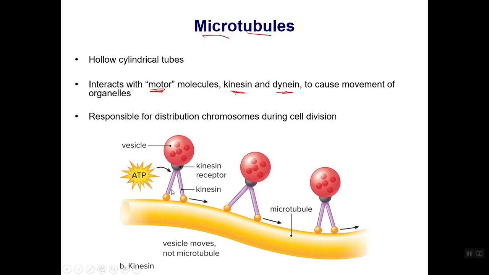And literally what kinesin does is it attaches its little feet here to this microtubule, and it holds on to whatever's in this vesicle, and literally it looks like it walks down this microtubule just like you would be walking down the street. It's really crazy, isn't it? I think it's so cool. I love molecular biology, but literally it just looks like it walks down this little microtubule and takes it from point A to point B.